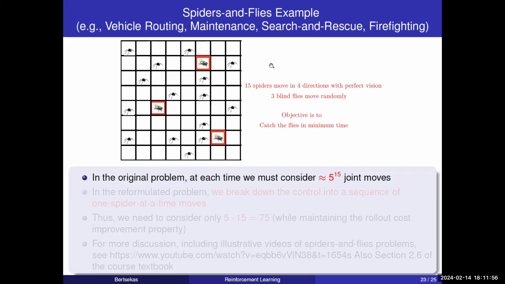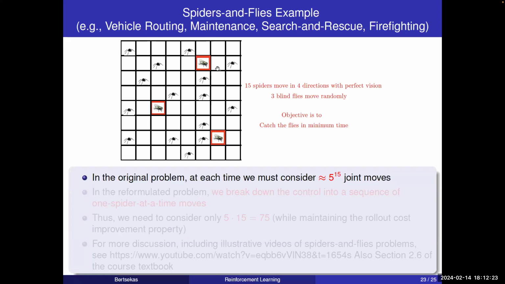So it's similar to a vehicle visiting a task. In this instance, we have 15 spiders, and if they're not on the boundary, a spider can move in one of 4 directions. It has perfect vision, according to the classical information pattern. These flies, we say, are blind and move randomly. We say they're blind because they might move directly into an adjacent spider.